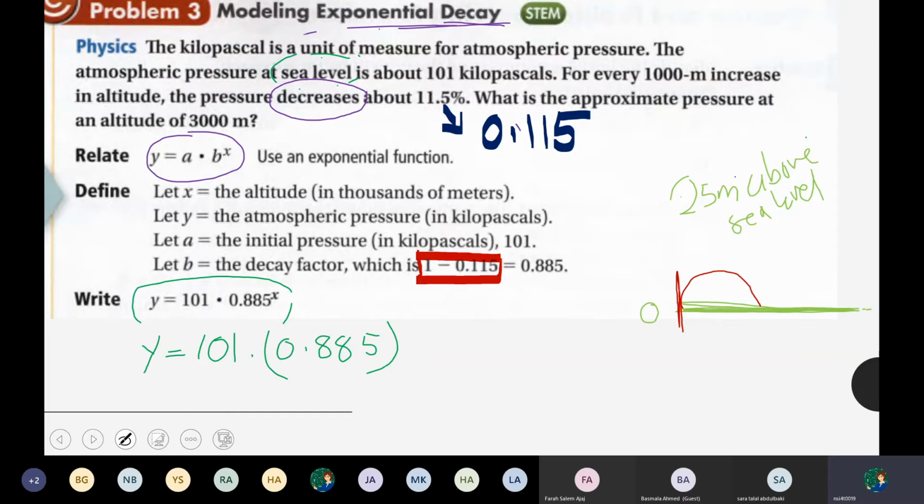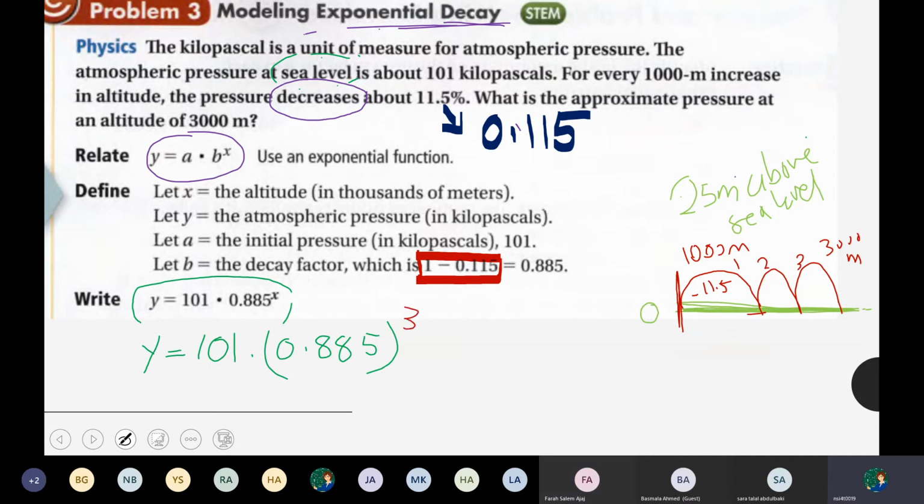He didn't tell me for 1 meter increase, he told me for 1,000 meters. It decreases by 11.5. Now after 3,000 meters, how many steps did I move? 1, 2, 3. So I moved 3 steps.